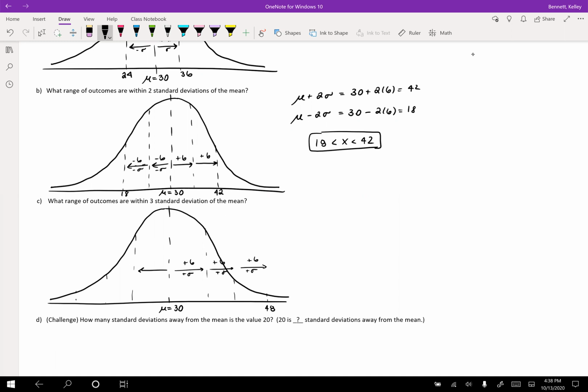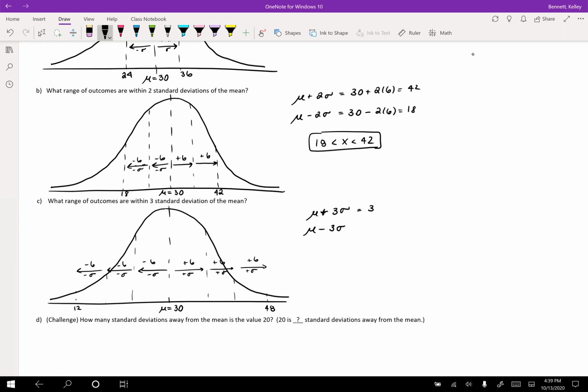Similarly, I can go back 6, which is a standard deviation. I can go back another 6, and then I can go back for the 3rd time. So going back 6 puts me at 24. Going back another 6 puts me at 18. Going back another 6 puts me at 12. So I could also think of this algebraically as mu plus 3 sigma and mu minus 3 sigma.